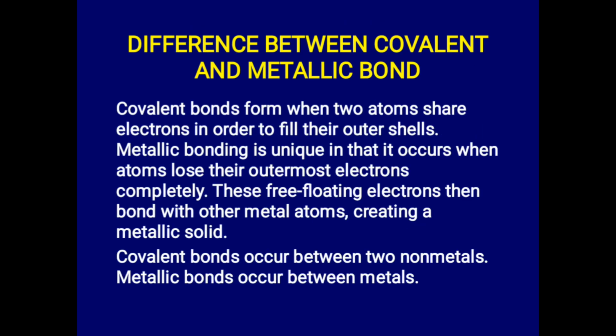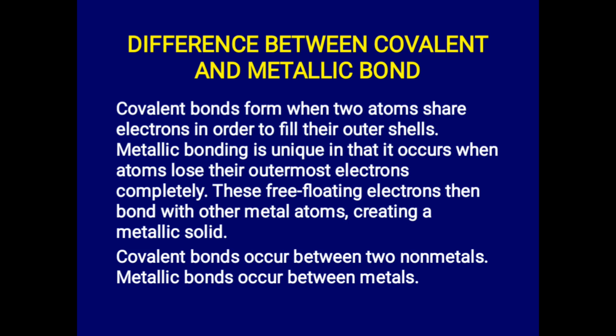Now let's look at the difference between the covalent and the metallic bond. Covalent bonds form when two atoms share electrons in order to fill their outer shell. That's what a covalent bond does. However, a metallic bond occurs when atoms lose their outermost electrons completely.